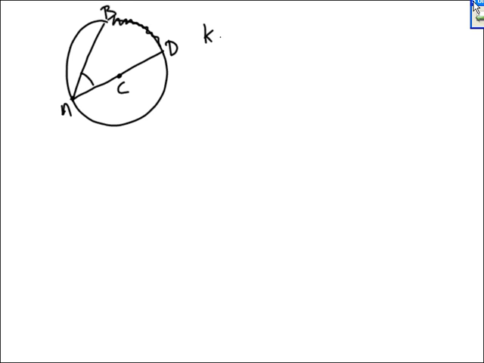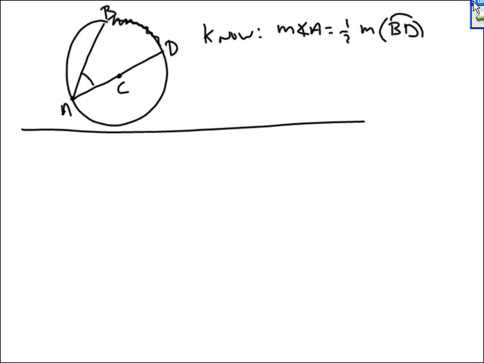We already know from our previous proof that the measure of angle A is 1/2 the measure of its intercepted arc. So we know this now, okay? And we are going to use it pretty heavily.